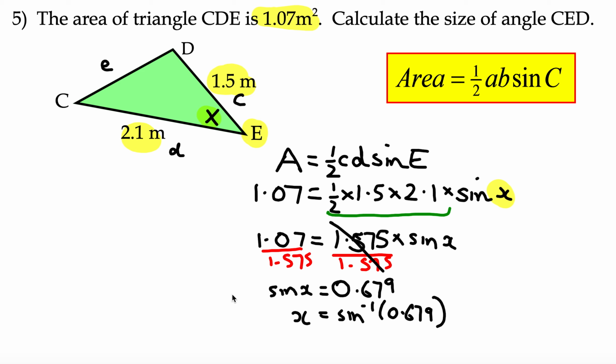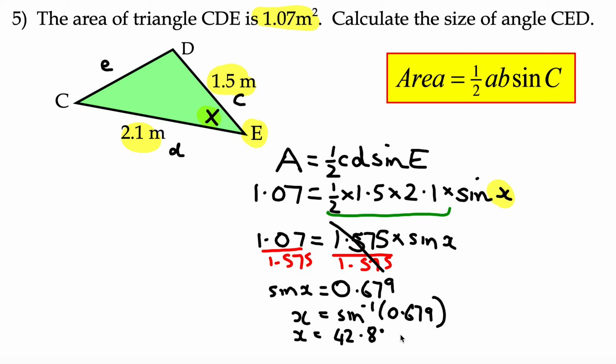Shift sine 0.679 gives us 42.765. So we'll make that 42.8 degrees, and that's to one decimal place.